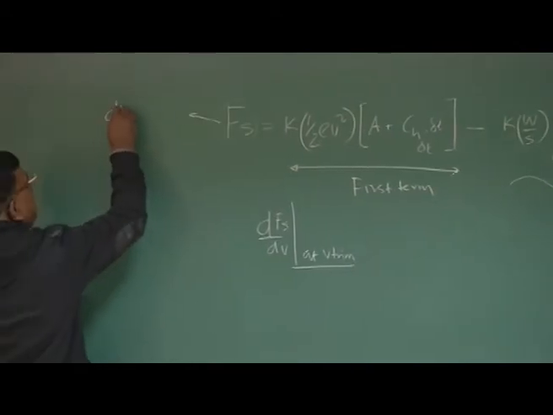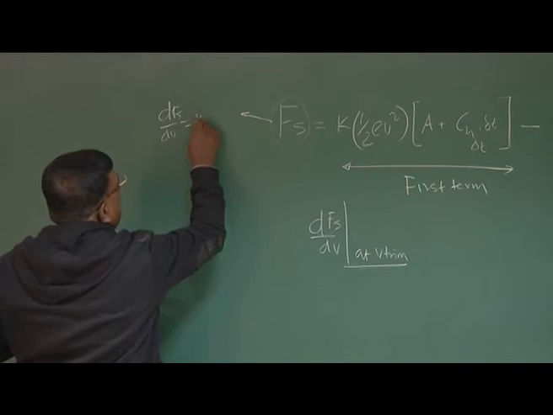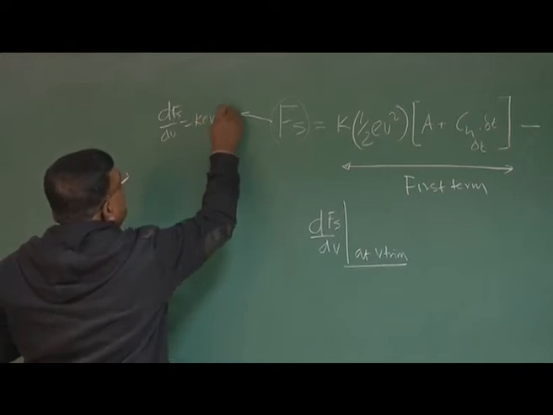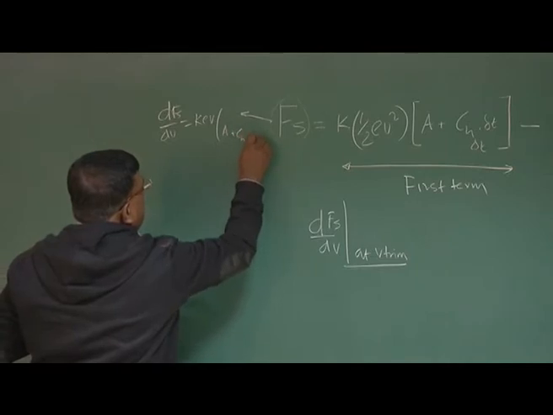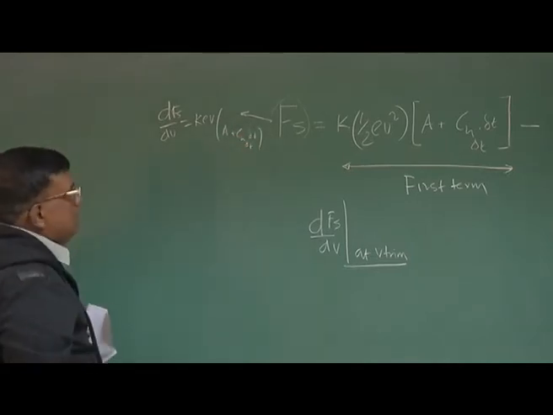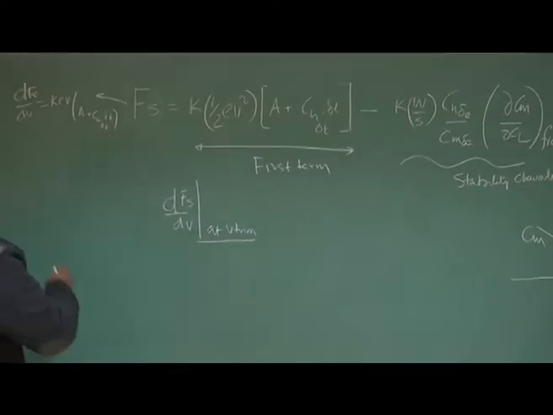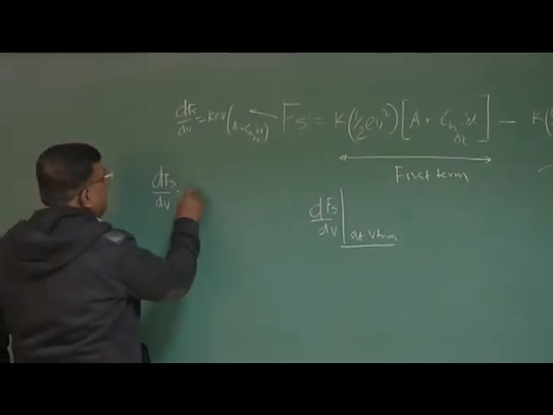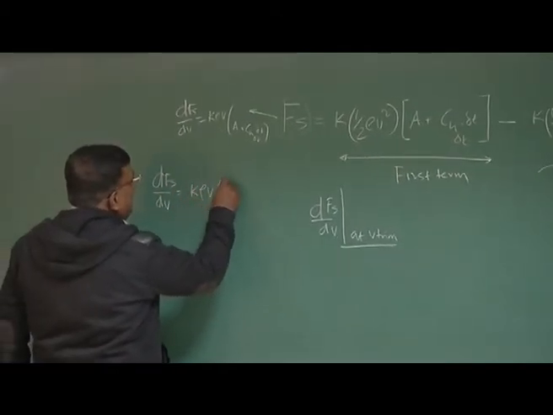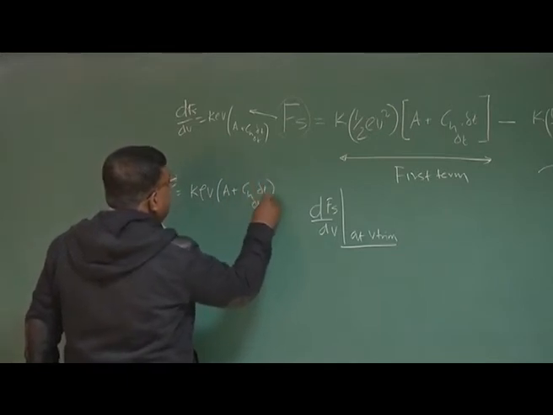I'll get dFs/dV = K rho V (A + Ch_delta_t delta_t). That's all. The other term will not contribute. Let me write it clean: dFs/dV equals K rho V times (A plus Ch delta t into delta t).